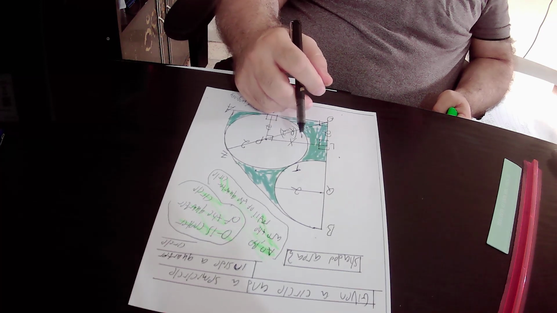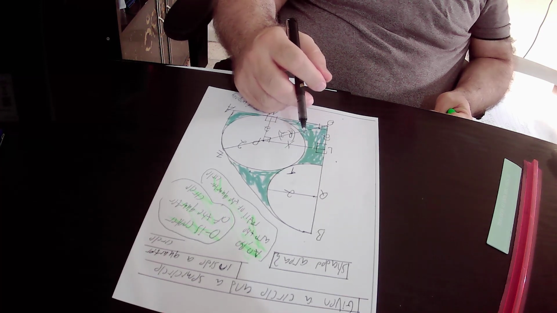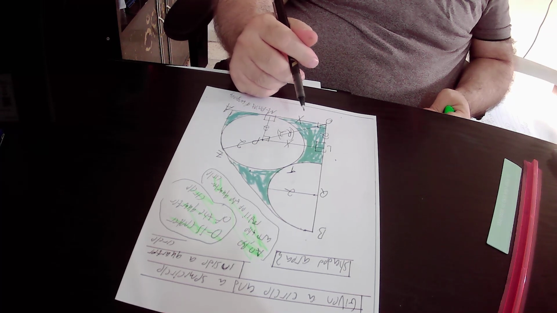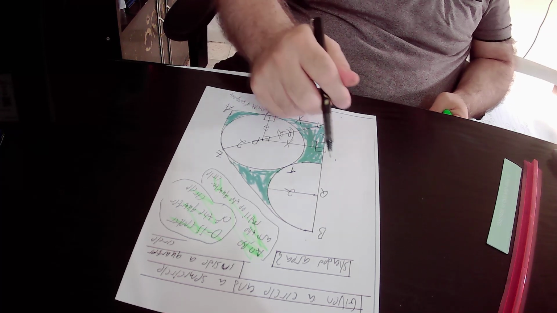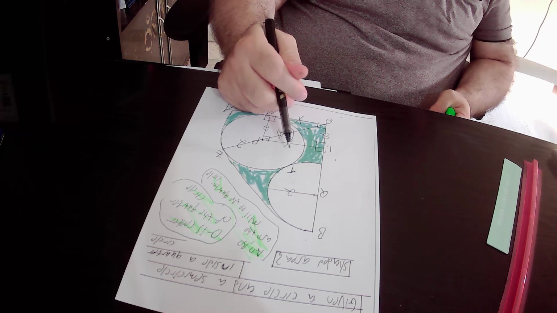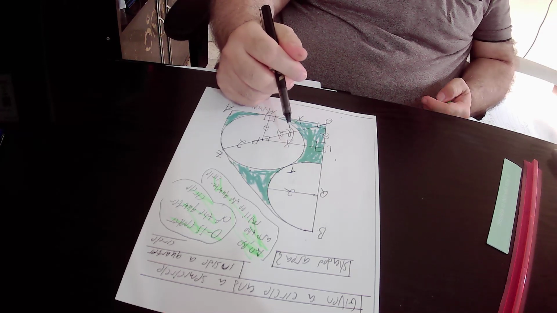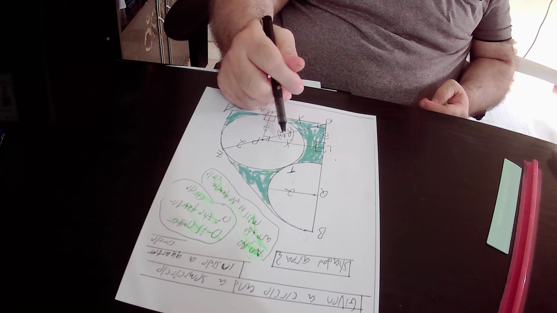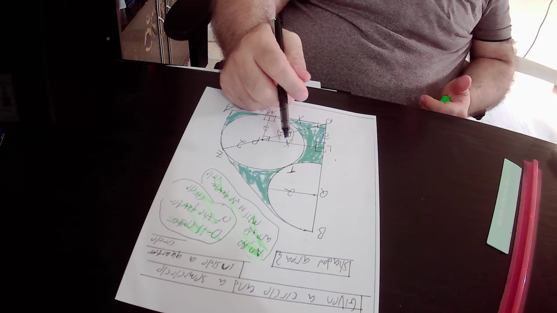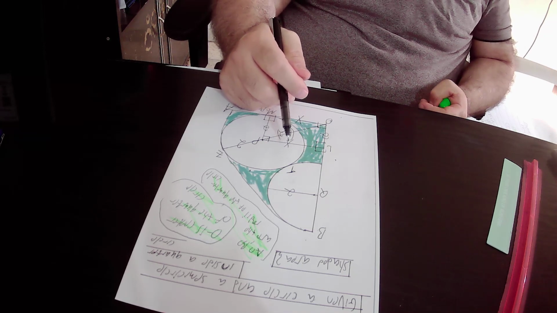And whenever you have an external notch between two circular shapes, then the straight line that joins their centers together must pass for their touching point. Okay, I repeat again, whenever you have an external notch between two circular shapes, then the straight line that connects their centers together must pass for their touching point.